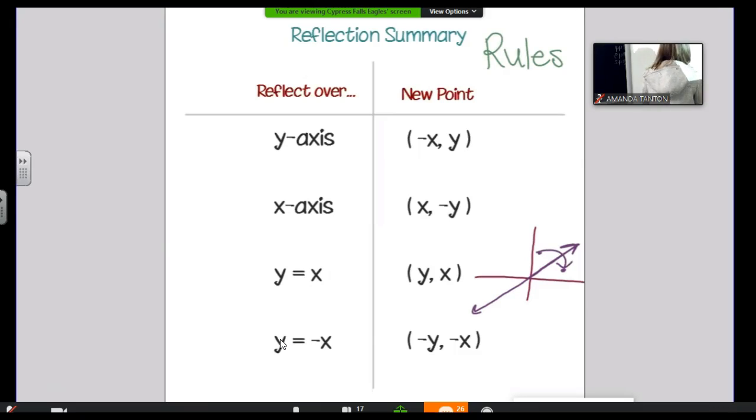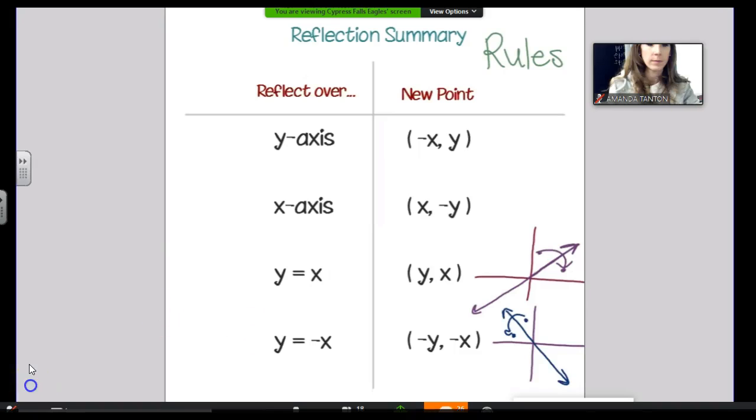And then y equals negative x is the parent function, but going in the opposite way. So it's like there's your point, and you reflect over that line like that. Fail Algebra 2? Oh my goodness, no. They'll reteach everything. But you do need to write the rules down. Are you writing the rules down? I'll give you a few more seconds to write the rules down. Okay.